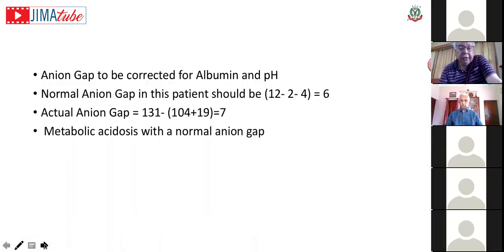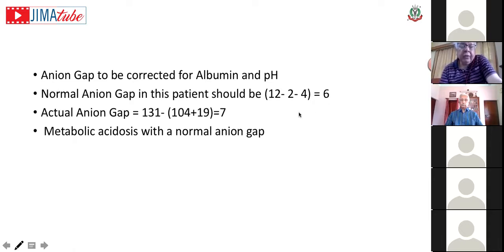So in this patient, the normal anion gap is 6, not 12, because for low albumin, you have to correct. Albumin is 2. For each gram of albumin coming down, anion gap comes down by 2. And for acidosis, it comes down by 2. So you have to subtract 6 from this. So any calculation of anion gap in this patient should start with a normal anion gap of 6.